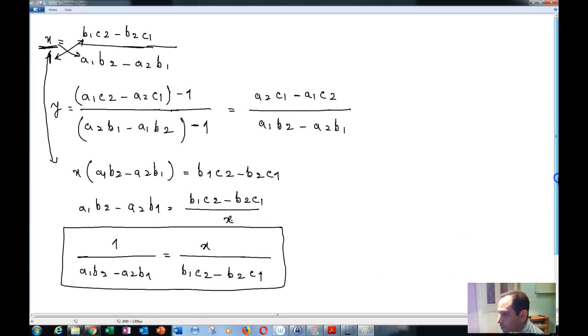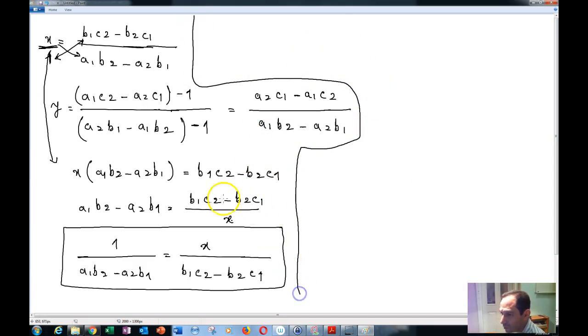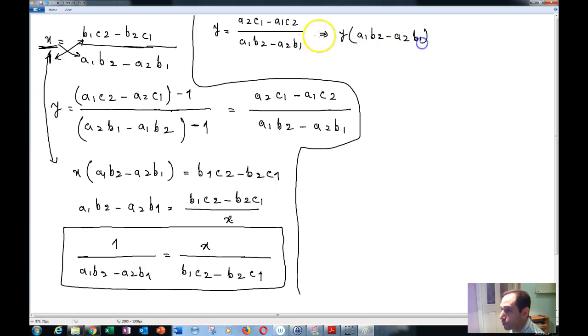Now I'm going to do the same thing for y as well. So I know that my y is equal to this whole thing over here, a2 c1 minus a1 c2 over a1 b2 minus a2 b1, and cross multiply, you will get y times a1 b2 minus a2 b1 is equal to a2 c1 minus a1 c2.